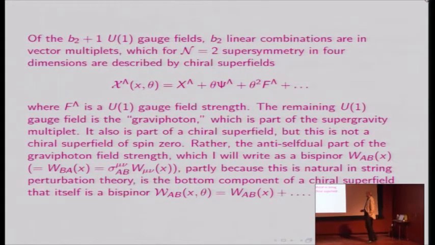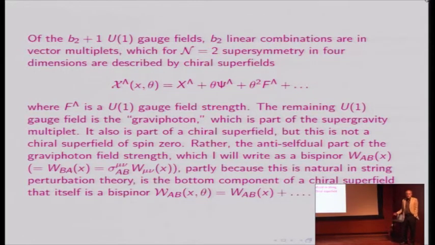So I write the spin 1 chiral multiplet as curly W AB, where A and B are spinor indices of negative chirality, and this is a symmetric bispinor, so it has the quantum numbers of an anti-self-dual gauge field. And its bottom component is the anti-self-dual part of the graviphoton field strength.